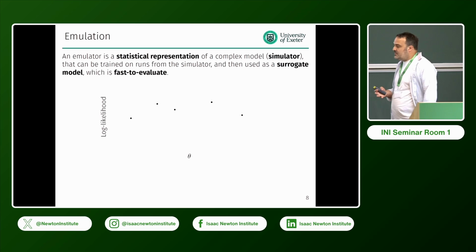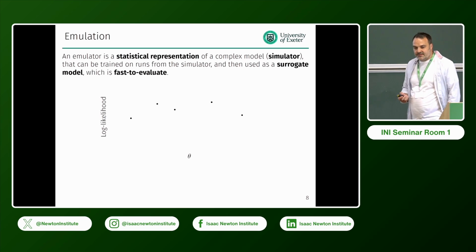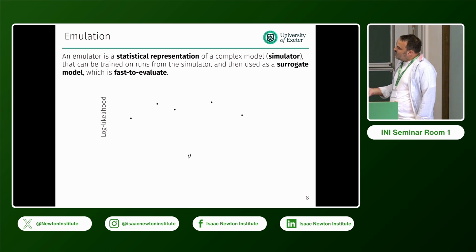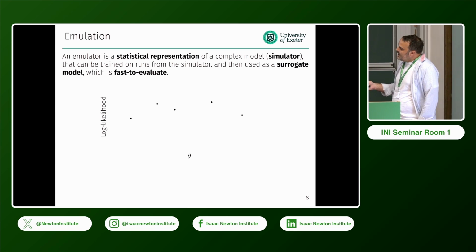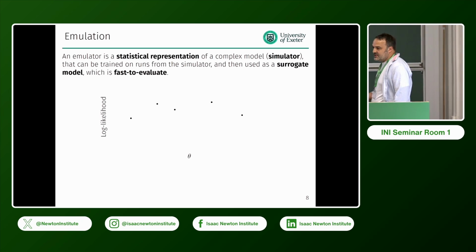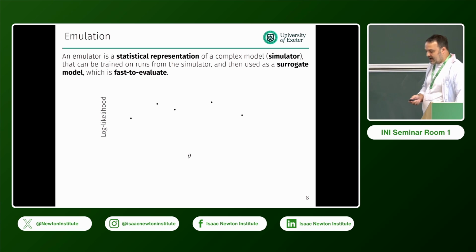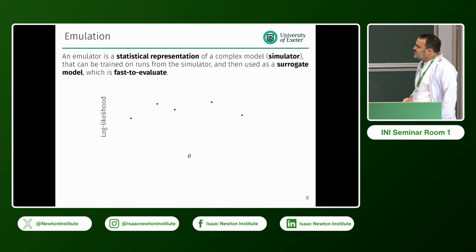The emulators that we're going to use are Gaussian processes, or in our case, deep Gaussian processes. But essentially, once the emulator is trained and validated, it's very fast to evaluate, so we can use it to explore the parameter space and get predictions for what we think the complex model would give us at the points where we haven't run it.